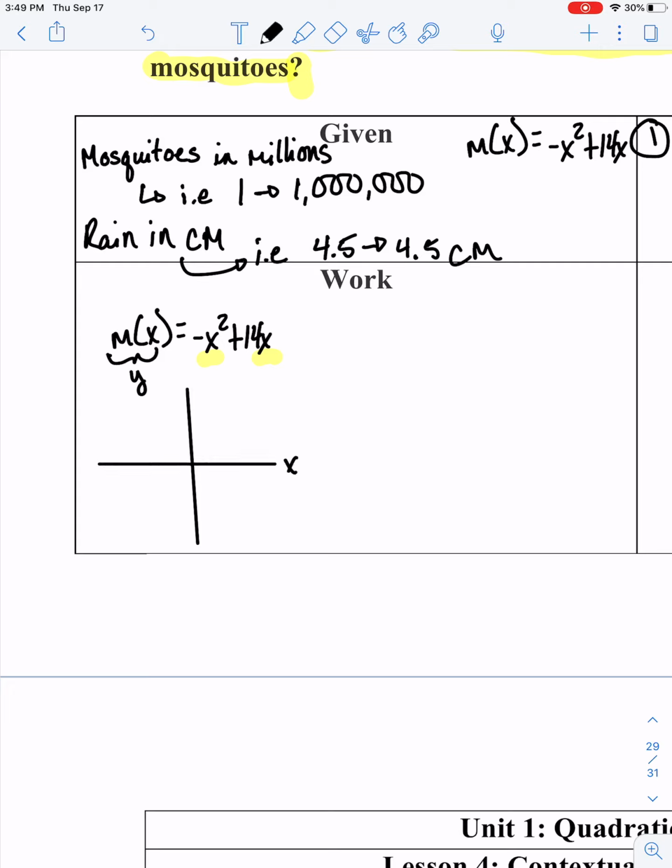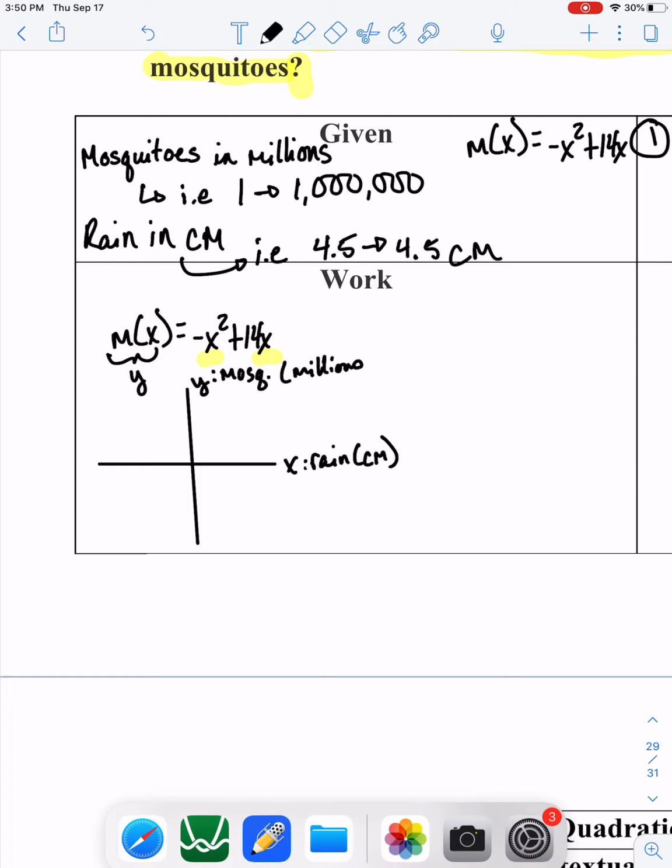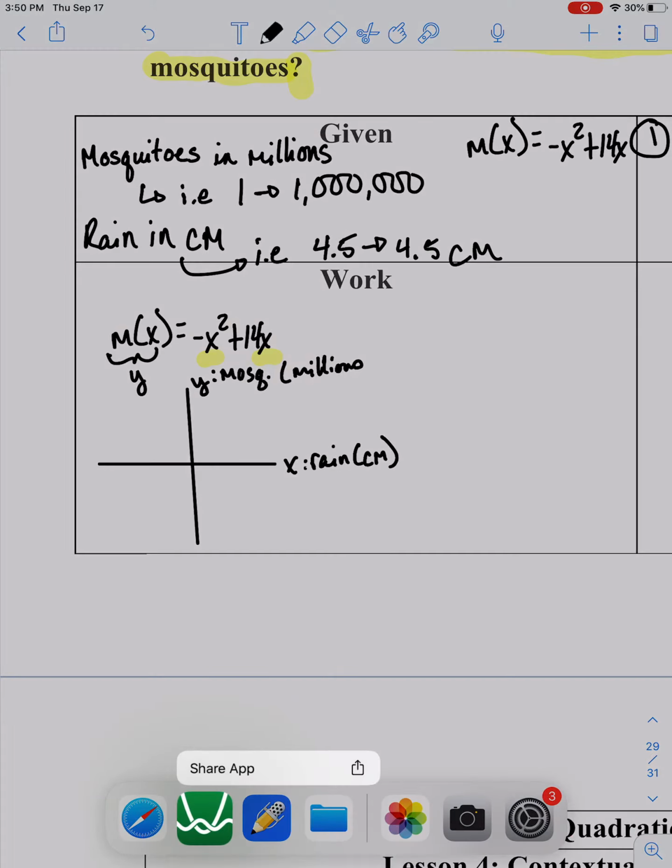All right, we can always take this back to a graph, and I actually suggest doing this as well. I have my x-axis, I have my y-axis. X is rain in centimeters, y is mosquitoes in millions. All right, so I have all of this, and again I'm looking for the max value of my function to begin with.